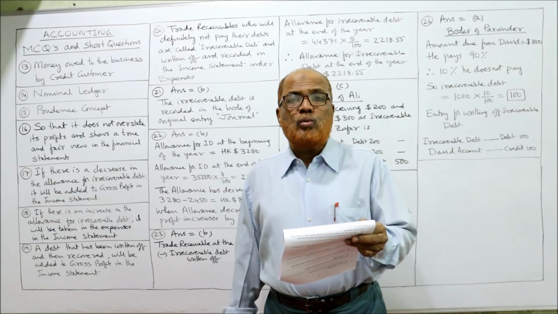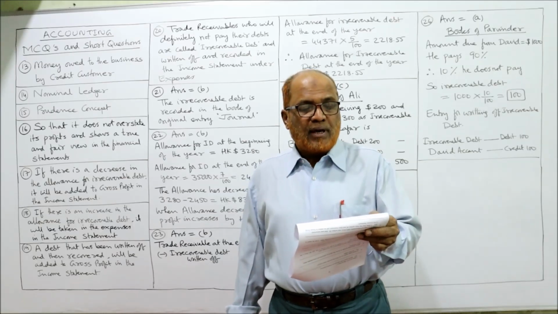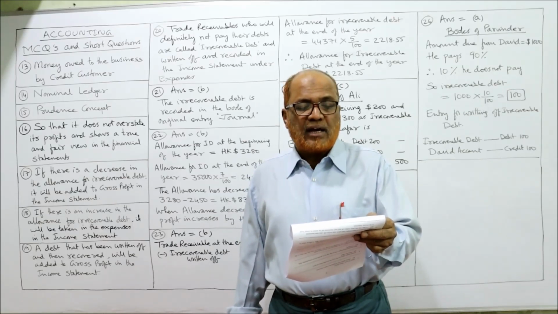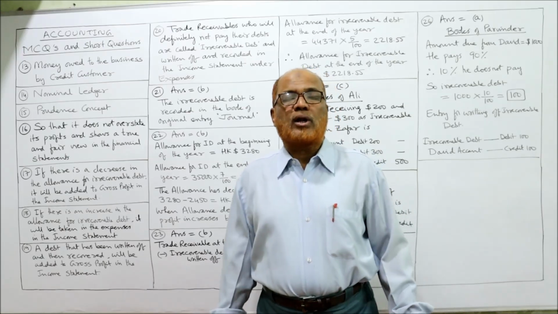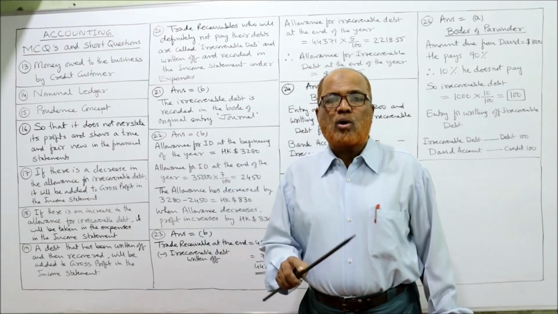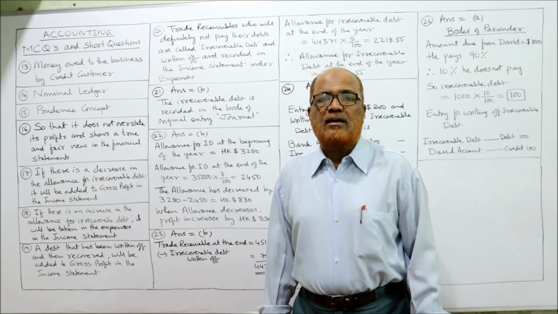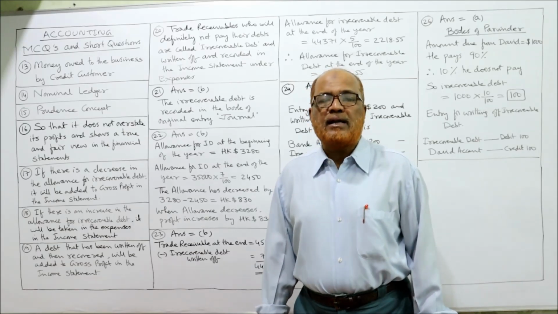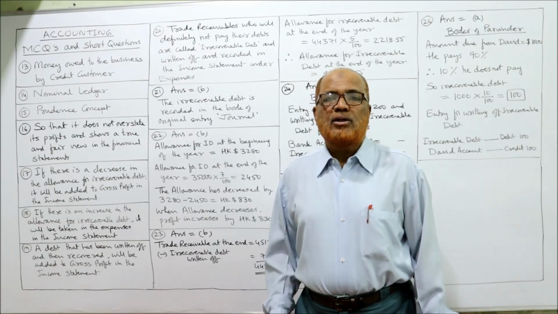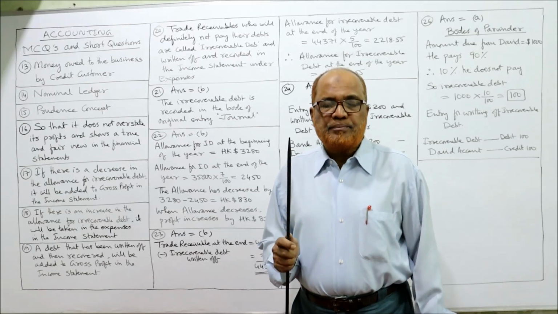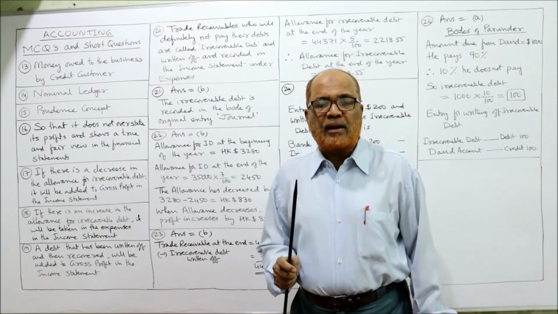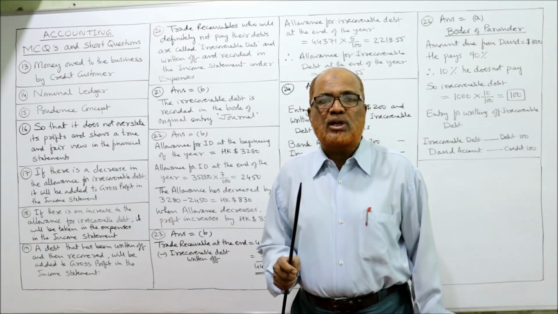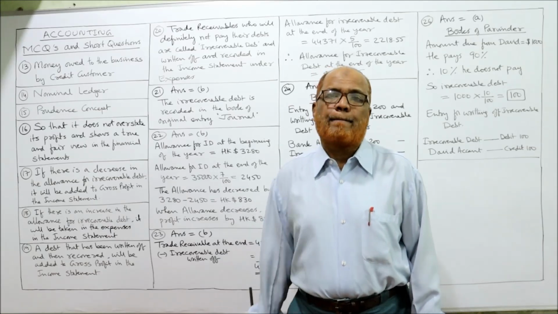Now the 21st problem is an MCQ. Four options are given. In which book of original entry will the irrecoverable debt be recorded? Remember, it will be recorded in the book of original entry called journal.